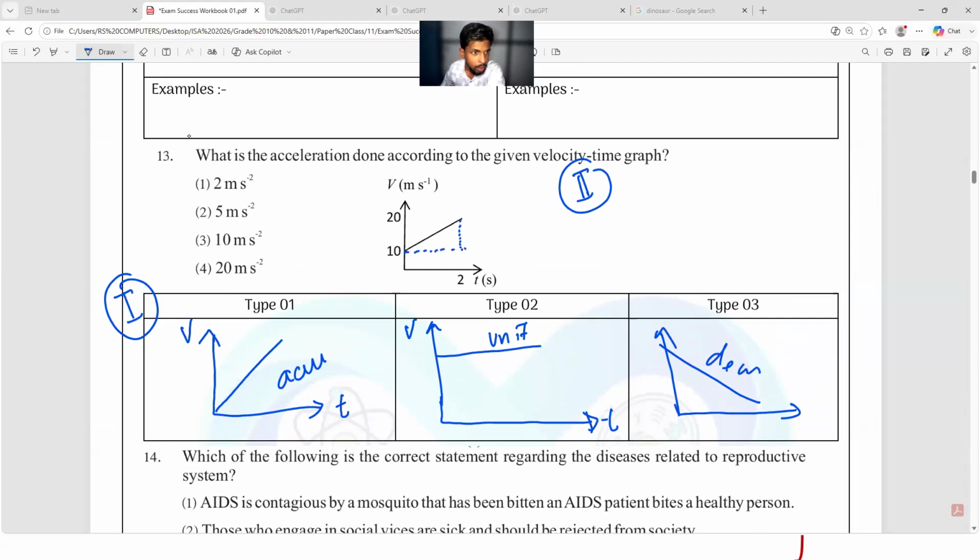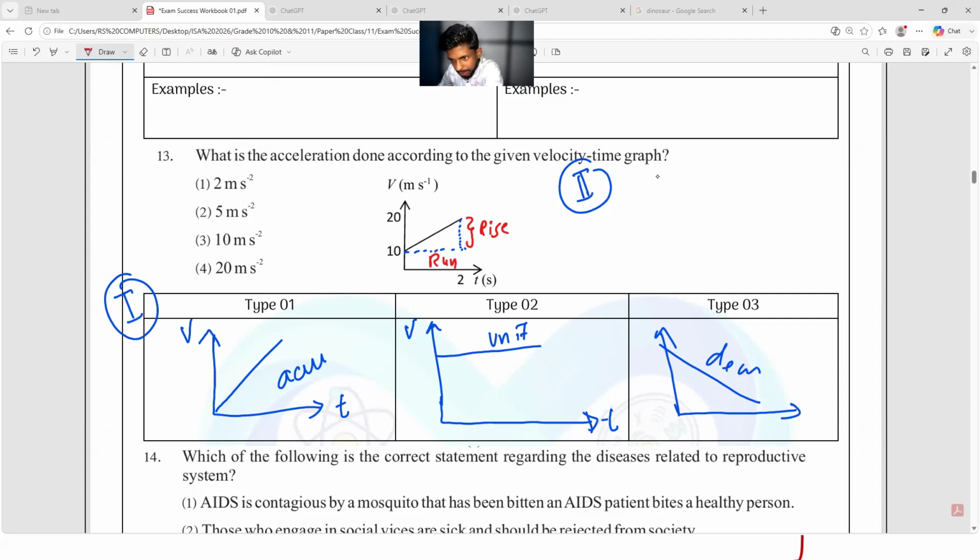The gradient is equal to rise over run. Rise, that is 10. Run, that is 2. Answer will be 5 m/s². That is acceleration. So we have learned two things from this question.